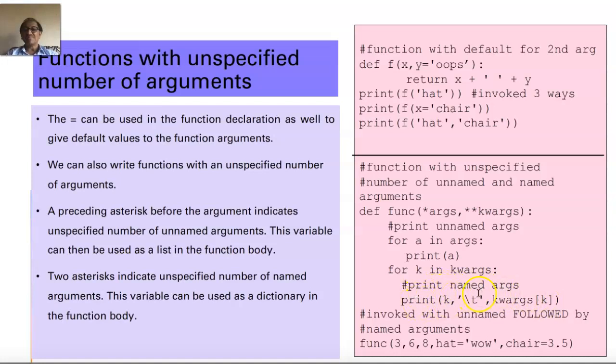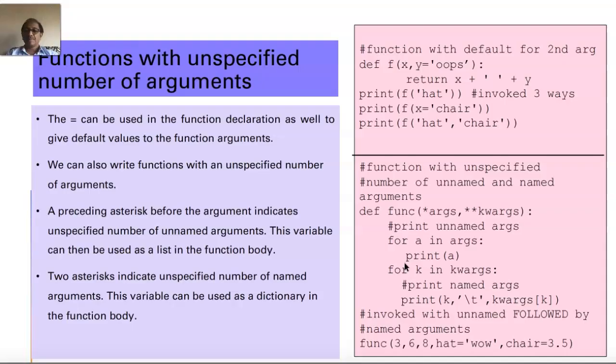So this prints all the named args in kwargs. When you have named arguments, we use kwargs as a dictionary in the function body. If it is unnamed, we use a list. If you are using kwargs, that is named arguments, then we use a dictionary format.